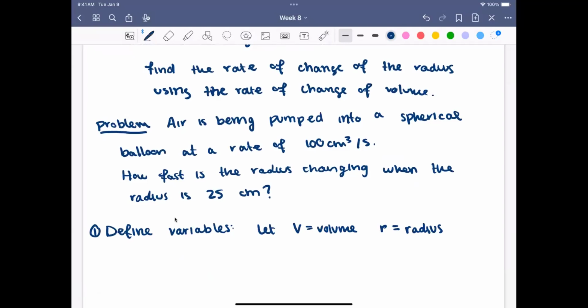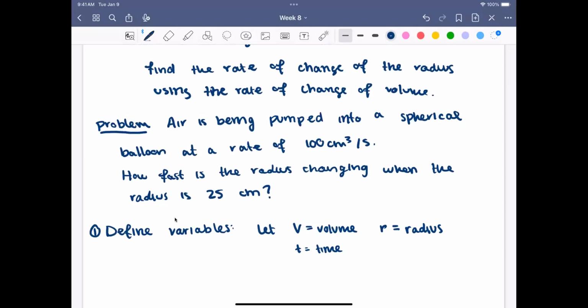Let's let T be time. The quantity that we are given is the rate that air is being pumped into the balloon, which is dV/dt.